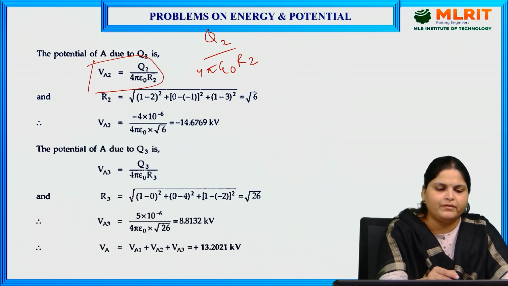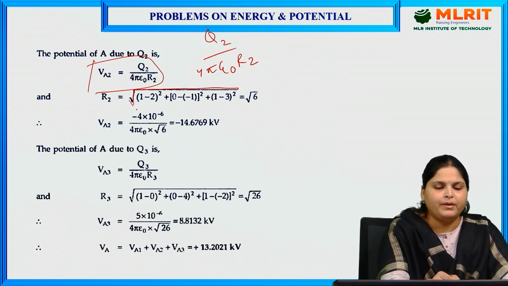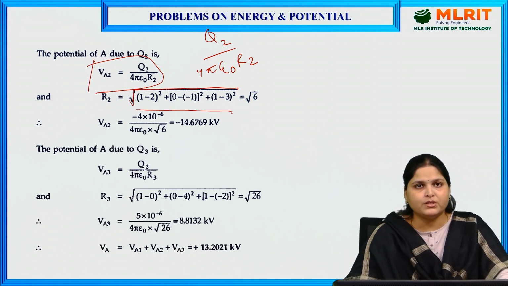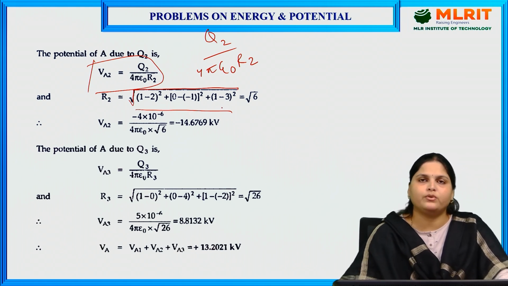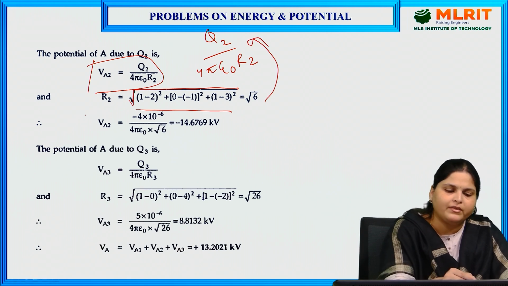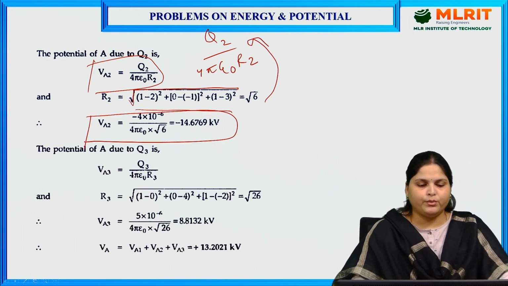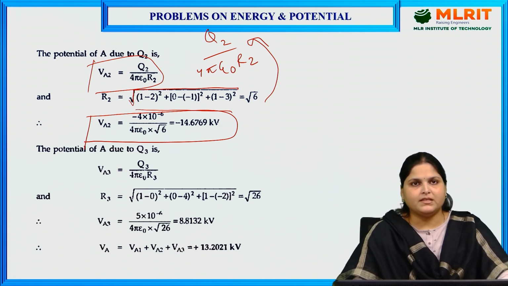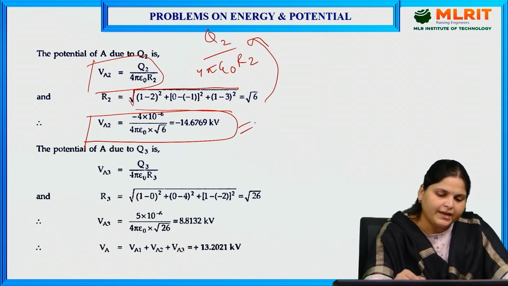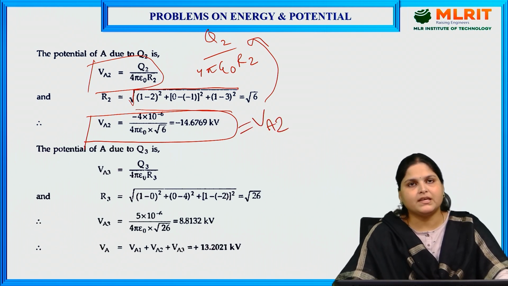We find R2 as the square root of (1 minus 2) square plus (0 minus 1) square plus (1 minus 3) square, which is root 6. On putting everything into this formula, we get VA2 equal to minus 4 into 10 to the power minus 6 upon 4 pi epsilon naught root 6, and VA2 is obtained as minus 14.6769 kilovolts.